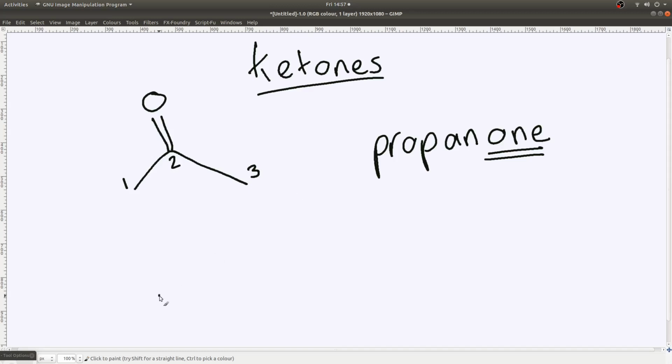What about this molecule? Okay, so what we've got here is a carbon chain which has got 1, 2, 3, 4, 5 carbons. Let's number them: 1, 2, 3, 4, 5. Now then, what are we going to call this one?